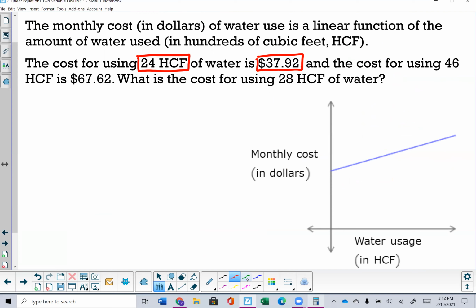And the cost for using 46 HCFs is $67.92. What is the cost for using 28 HCFs? Okay, go ahead and try this. Try it both ways and see which way you prefer. Pause the video, do it on your own, and then we'll do it together.